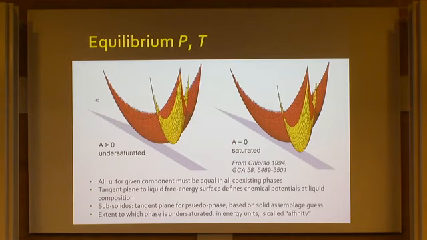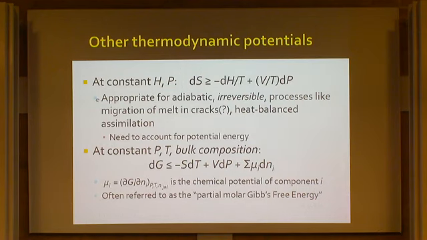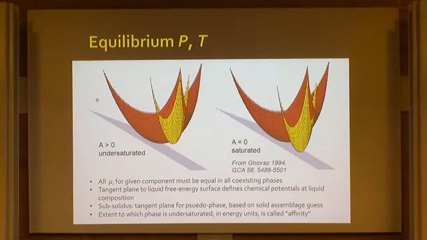Well, in the sort of MELTS, original MELTS world, that was the liquid. It could also be a pseudo solid. That's a sort of best initial guess of what the subsolidus assemblage is, and that's the statement. Oh, it's missing.